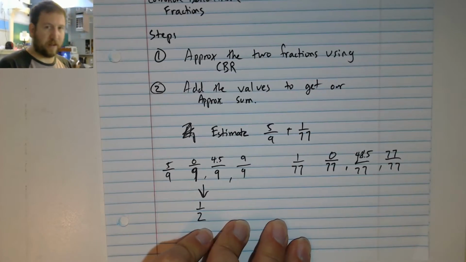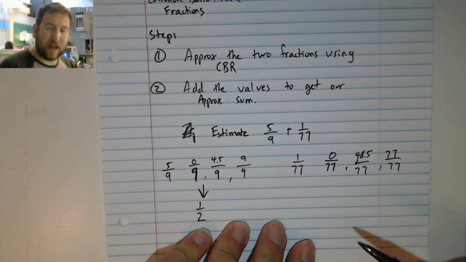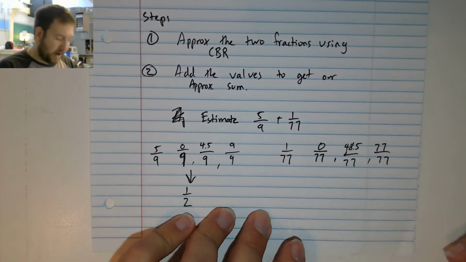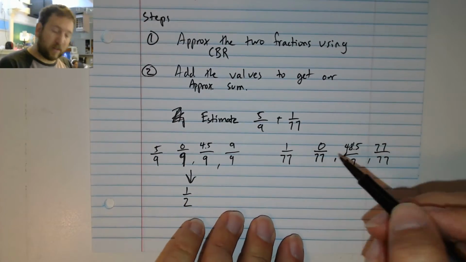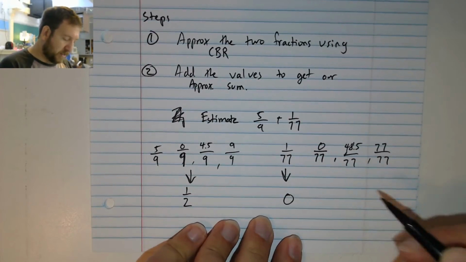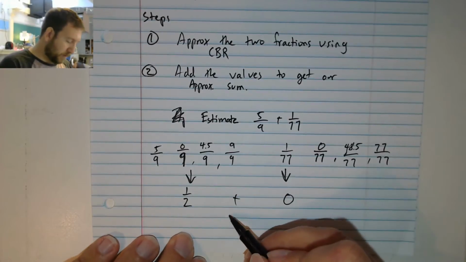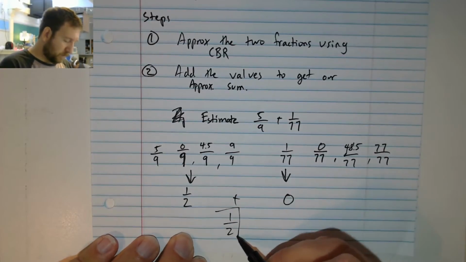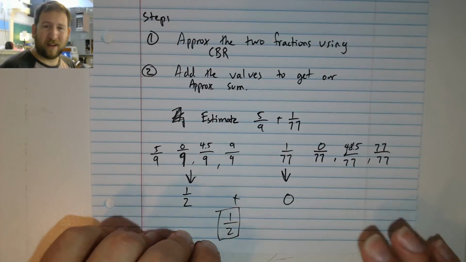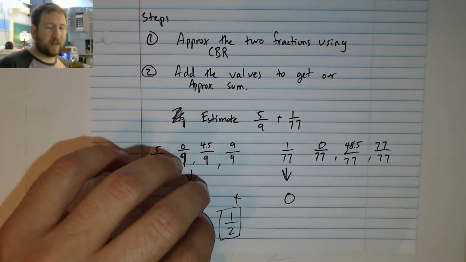Well, pretty obviously, when they're this obvious, you don't really have to write it out, but I'm going to just for good practice. This looks clearly like it's going to be my 0 side, so I can estimate this to be about 0. So I can say 1/2 plus 0, what does that equal? And it equals 1/2. See how kind of easy this is? I'm going to do 2 more examples, but if you feel like you get it from here, you can stop and go ahead on to the problems.